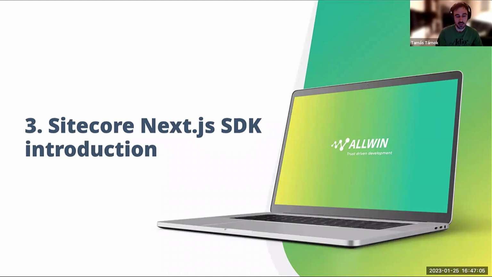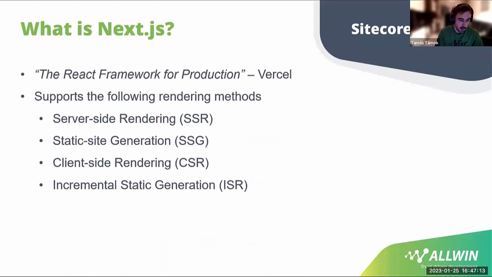So let's dive into what Sitecore provides us for the Next.js framework. First, let's clarify what Next.js is. Basically, what the company says is that it is the React framework for production. It was built on React, but it contains a lot more.